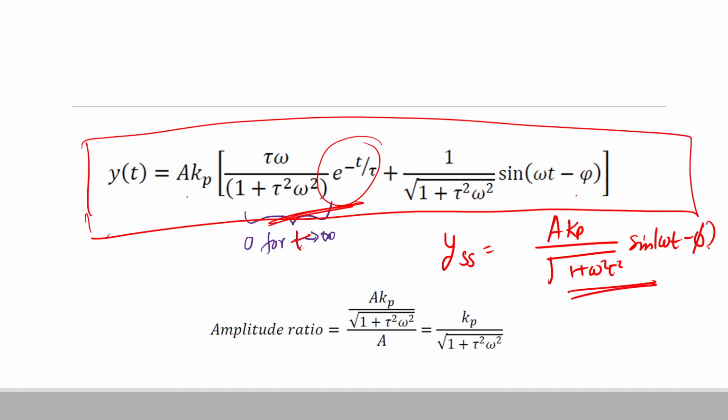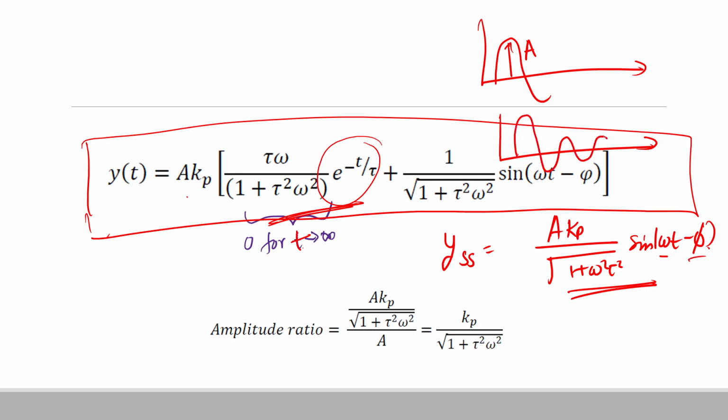That is, if earlier the amplitude of the input was A, the amplitude of the sinusoid will either decrease or increase based on these parameters omega and phi. So either it can increase or it can also continuously keep on decreasing.